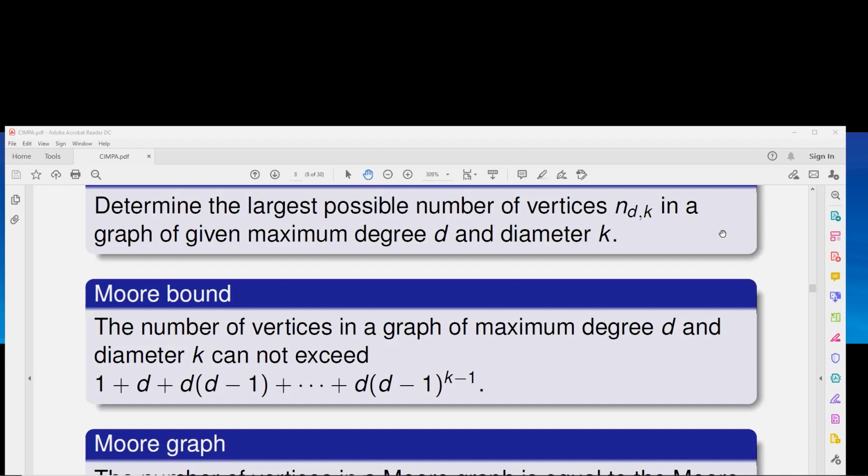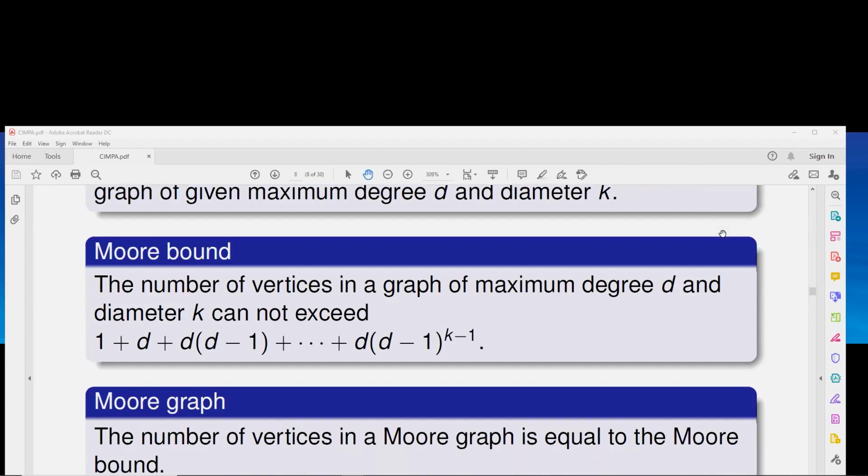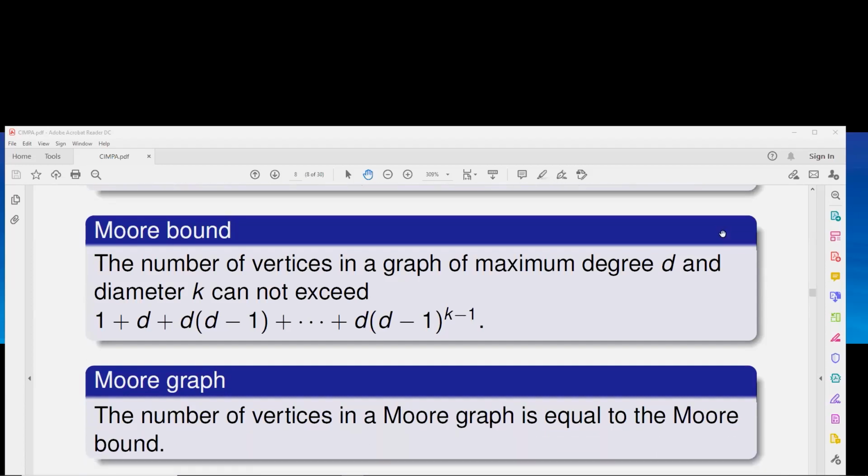So let me just illustrate this on some kind of a diagram, which I'm going to include here. Let's say you take any vertex. This vertex is adjacent to at most D others because D is the degree, and K is the diameter. We want to find the largest possible number of vertices.